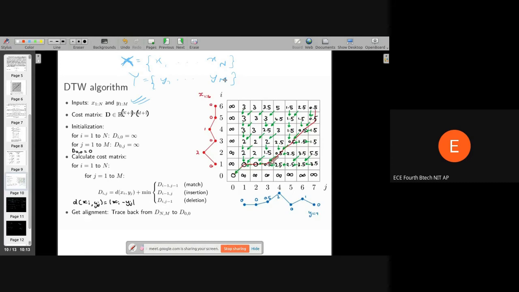Now when I was explaining, I talked about two matrices. One is an individual cost matrix and one is a cumulative cost matrix. This is actually a cumulative cost matrix, because as you will see, we are adding up.